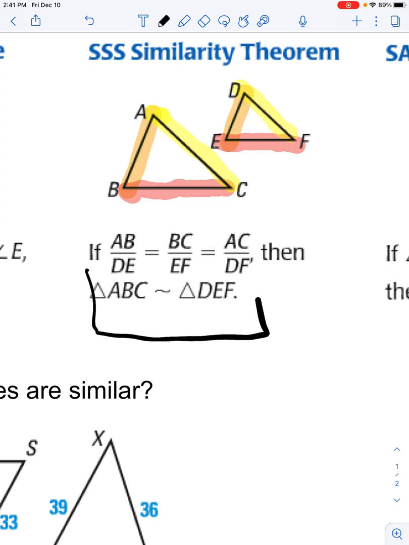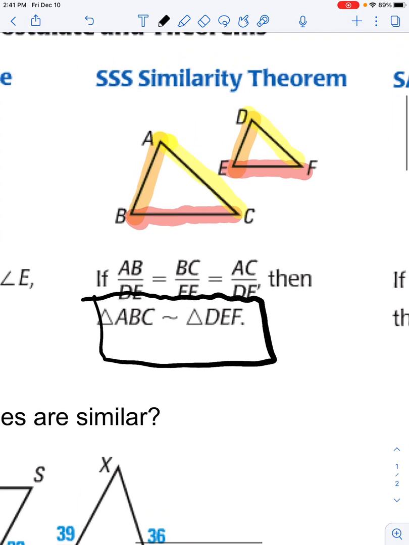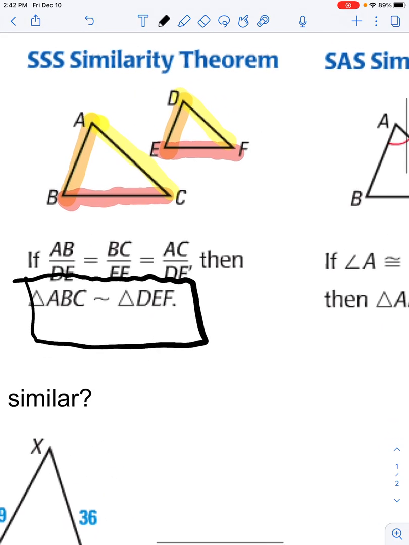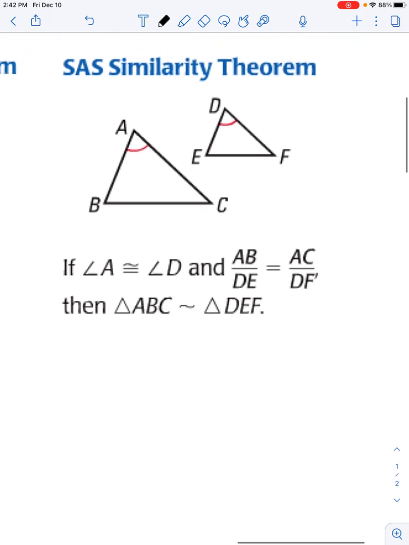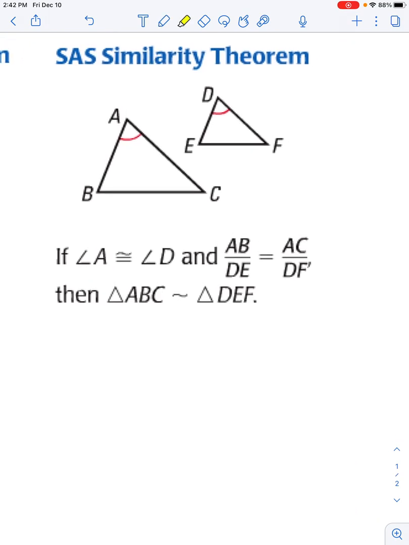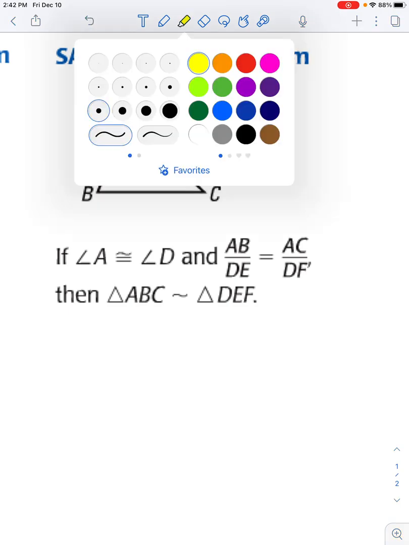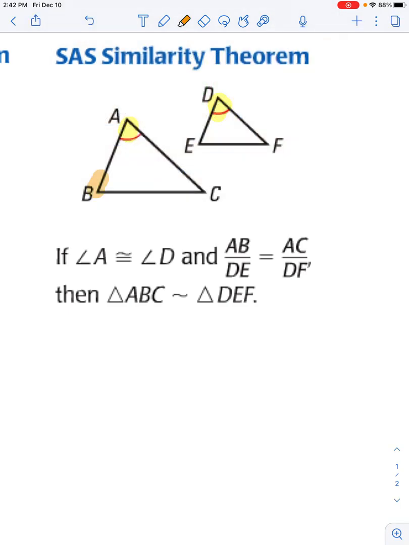If they all have the same proportion, then you know that they are going to be similar. And that's the side similarity theorem. So again, as long as it's proportional, they're not necessarily going to be the same size because they're only similar. They're not congruent.